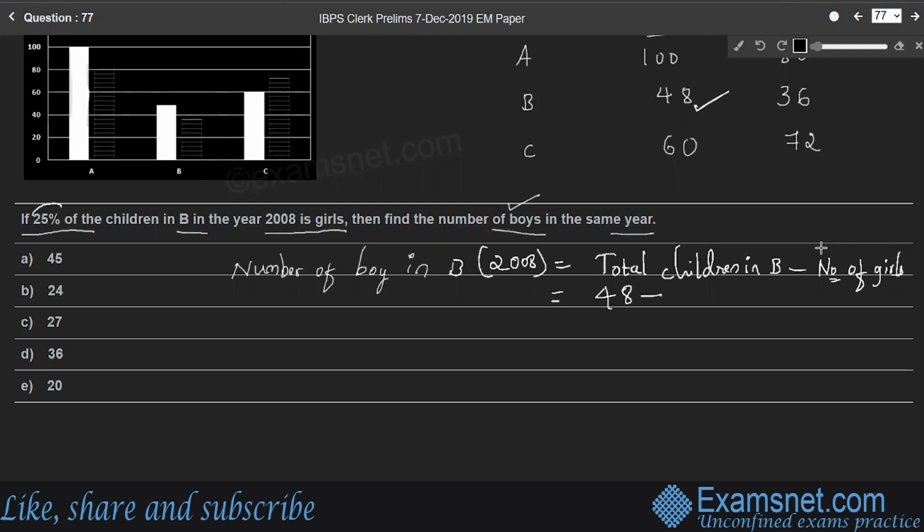It is given that 25% of children in B, so that is 25% of 48, is the number of girls.